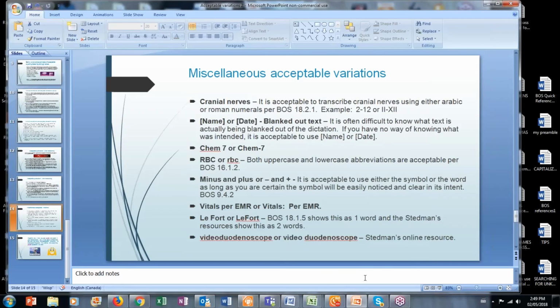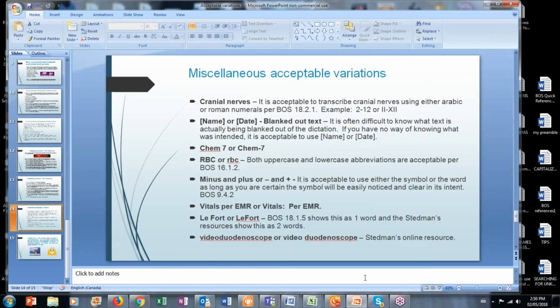Chem 7. You can use it with a dash or without. It's seen both ways, so either way is fine. All upper or lowercase for RBC is also acceptable, and you can check that out in BOSS 16.1.2.